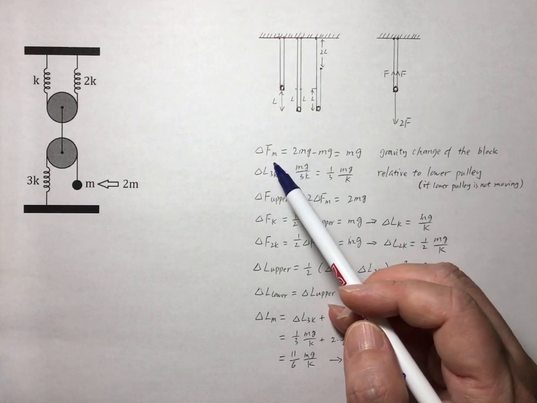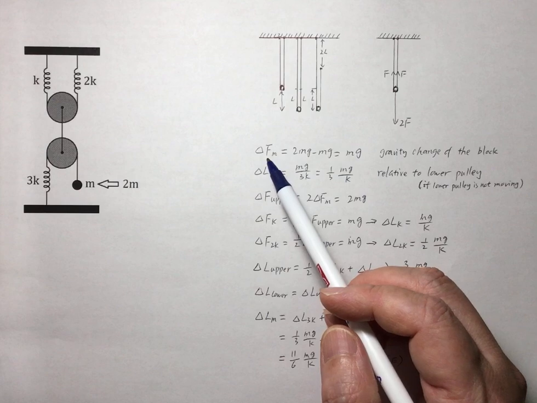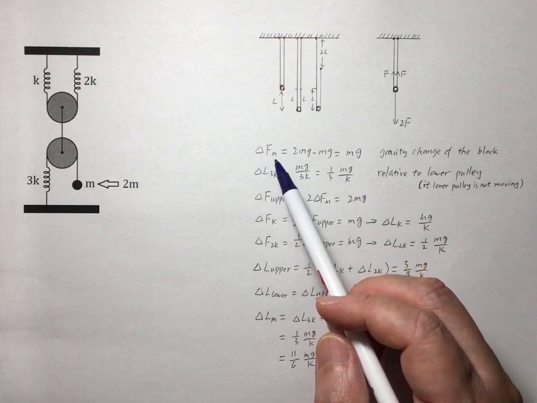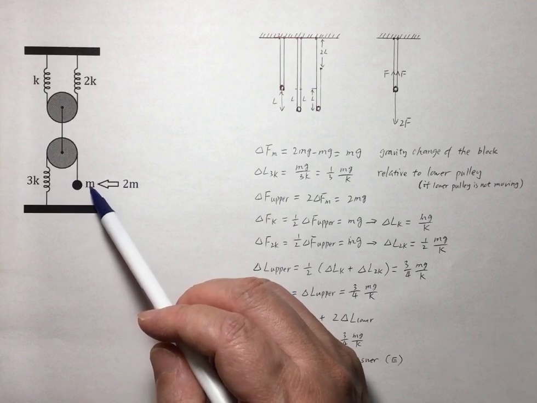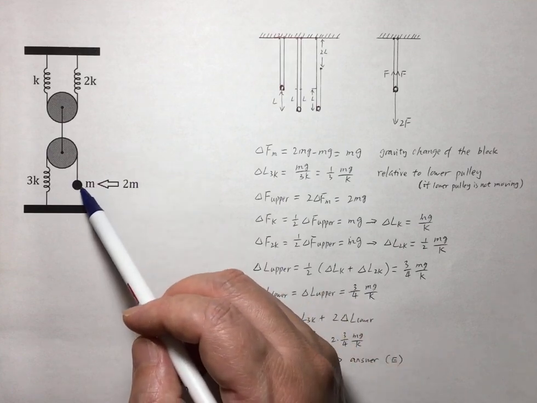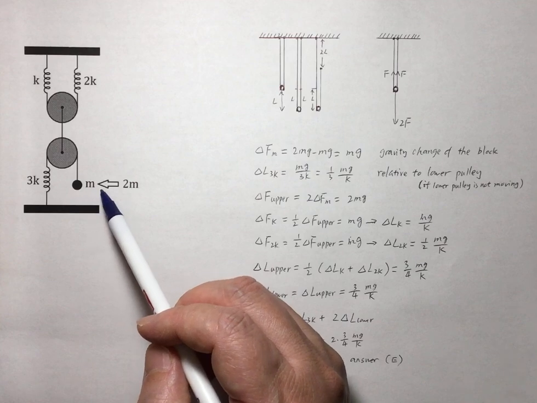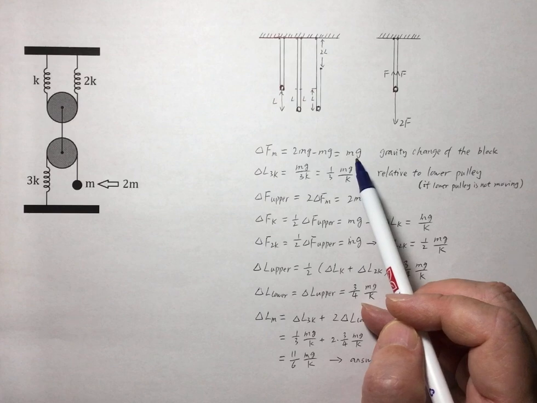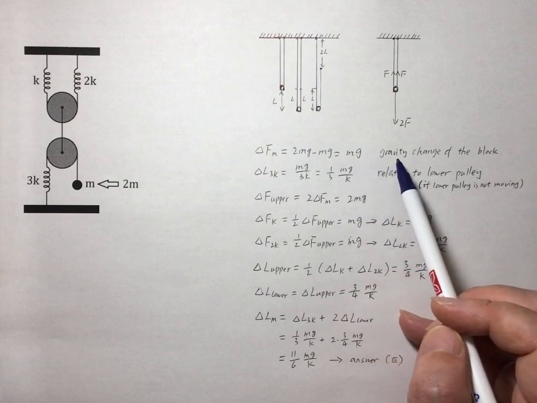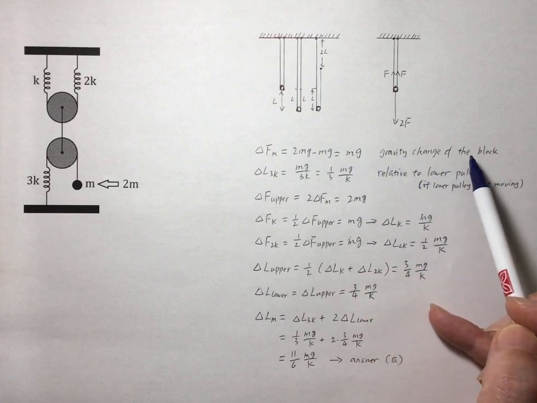Now, let's look at this system. As the mass of this block changes from m to 2m, the gravity force change is 2mg minus mg, which is mg. So that's the gravity force change of the block.